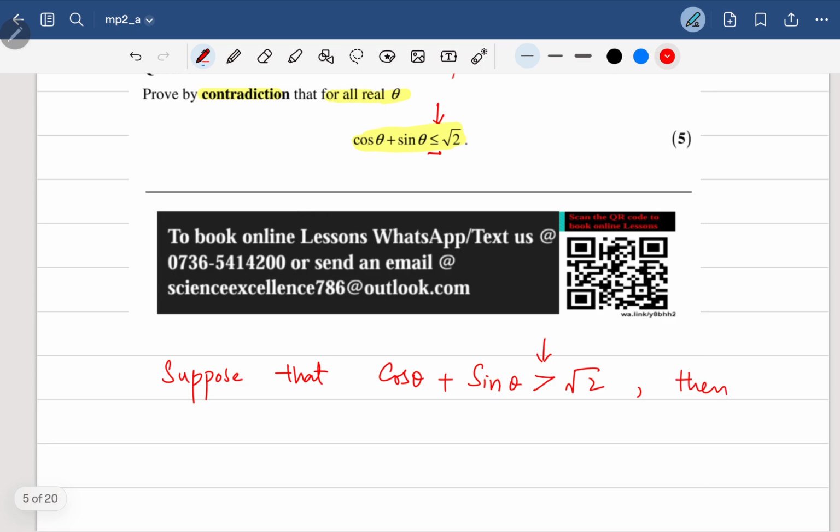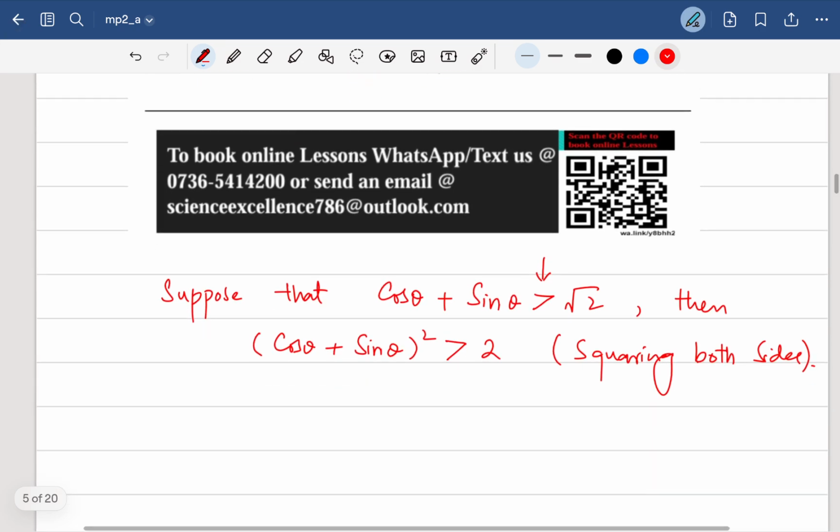if you apply the square on both sides, cos theta plus sin theta whole square is greater than 2. So squaring both sides, if you expand this square, either you can consider cos theta plus sin theta two times and do term by term multiplication, or you can apply the binomial expansion.